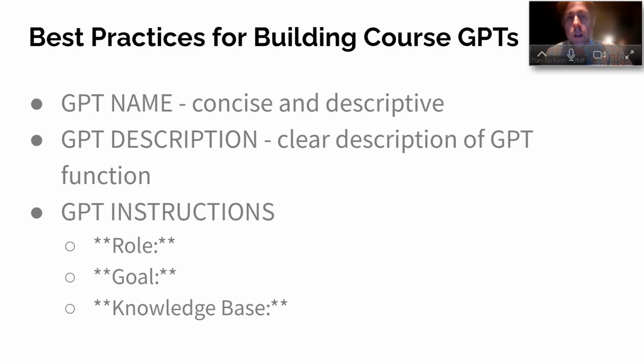Its role is to provide accurate information about the course and the course content. The goal is similar, to answer user queries accurately based on its knowledge base. And the knowledge base piece, I do build that into the instructions and specify exactly what files are in its knowledge base in the instructions.